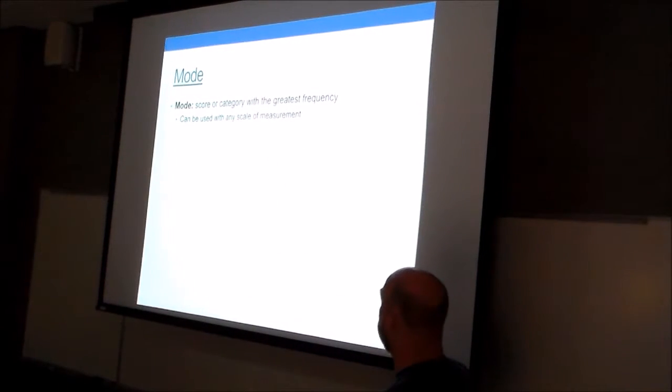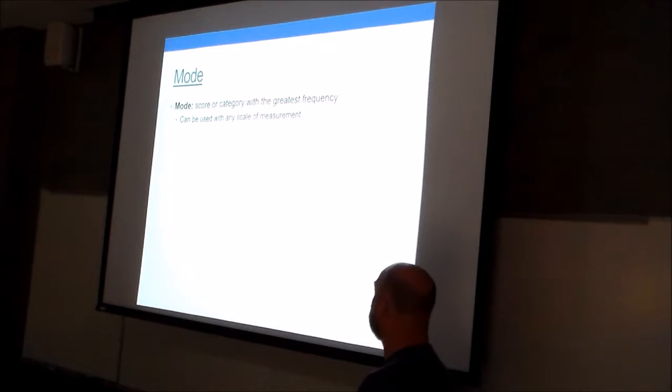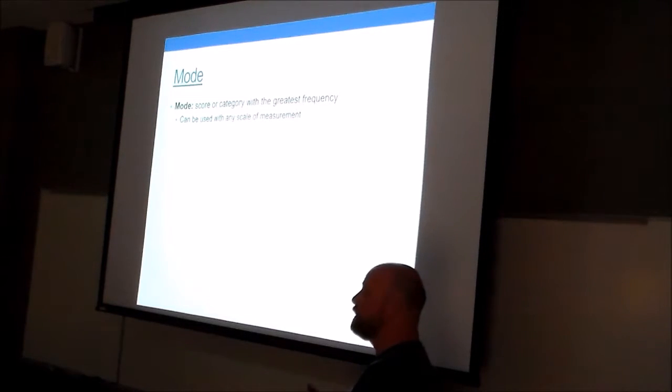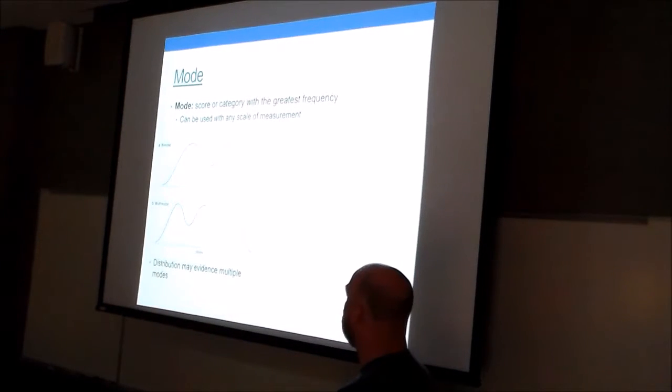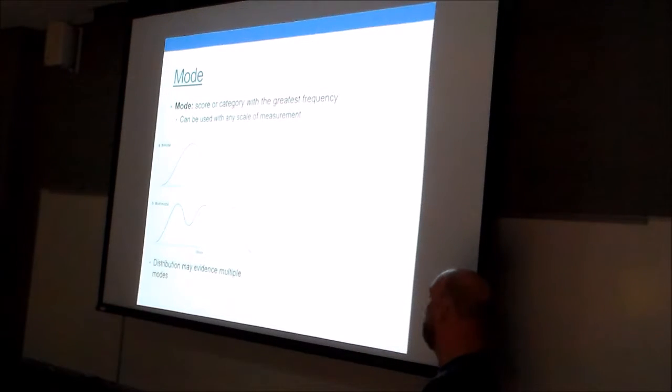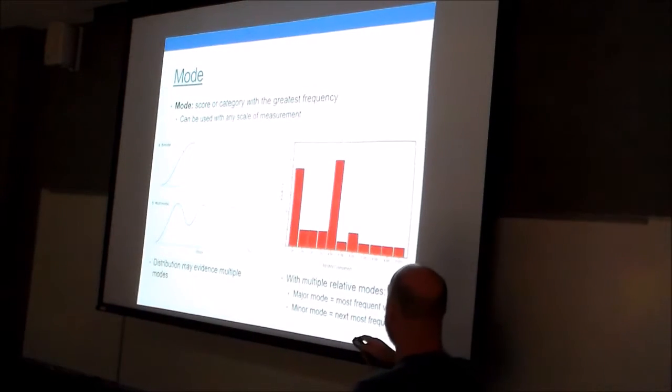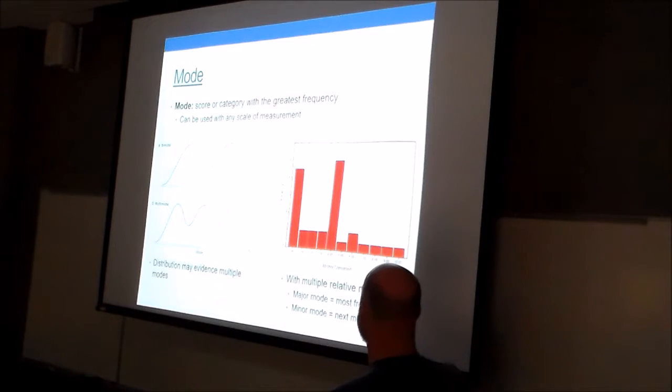All right. Mode, the score or category with greatest frequency. We can use mode with any scale of measurement. Okay. We can also have distributions that have multiple modes. Say this is bimodal, this is trimodal. We can have distributions that have relative modes. Technically, the mode here is 4, right?